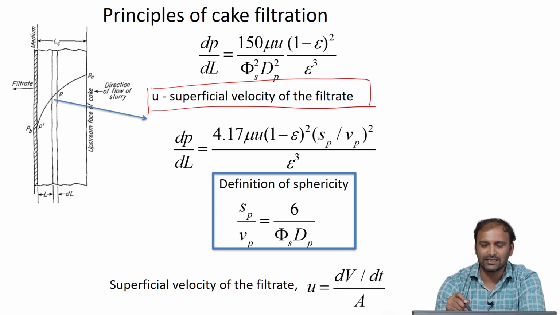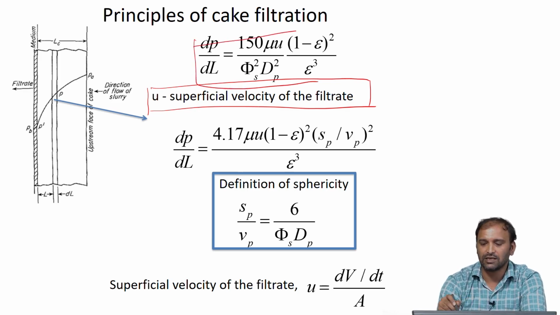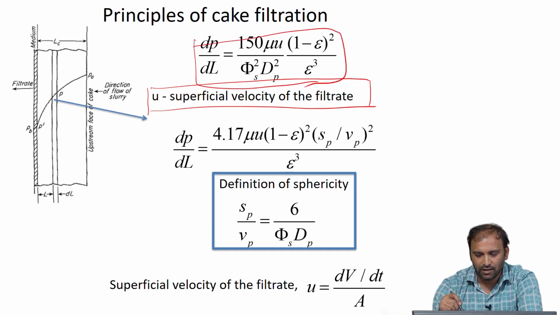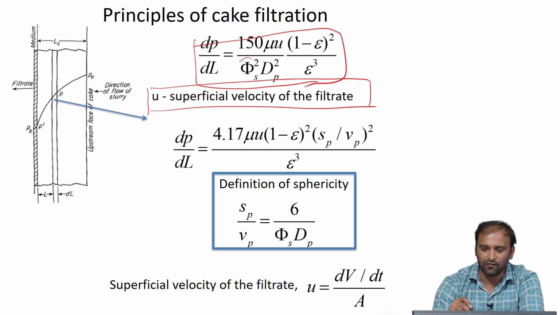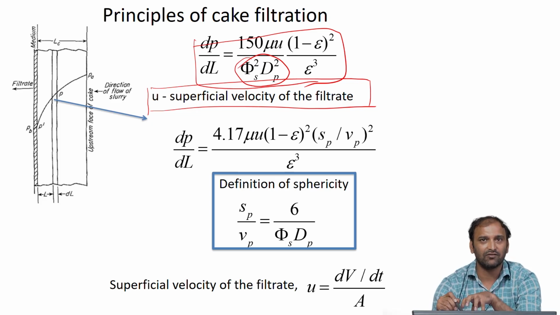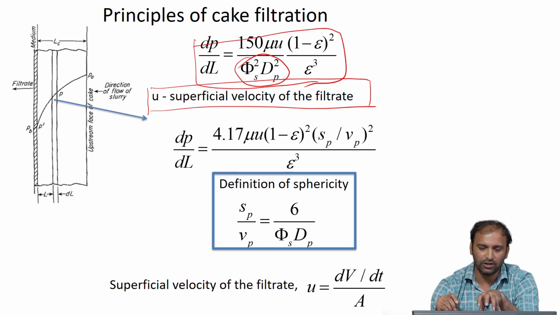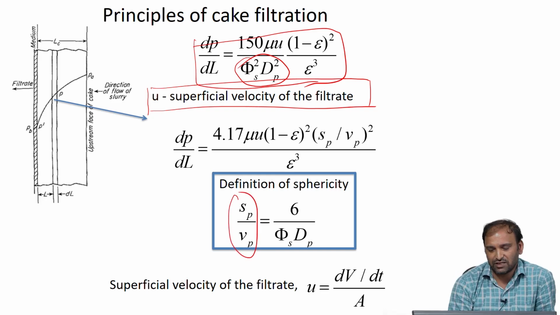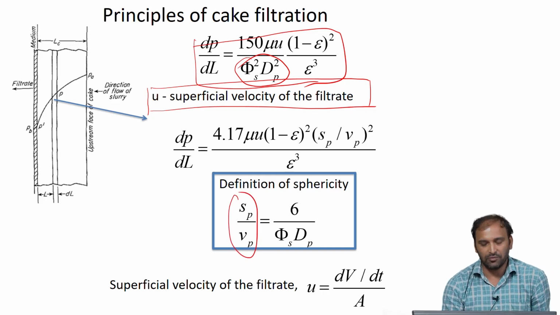And I can start with this expression and do some manipulations. One manipulation is that instead of working with phi s square dp square, where phi s is the sphericity and dp is the diameter of the particles that are part of the slurry being filtered, or the diameter of the particles that constitute the cake, I can replace the sphericity in terms of Sp by Vp, that is the specific surface area of the particle divided by the volume of the particle.